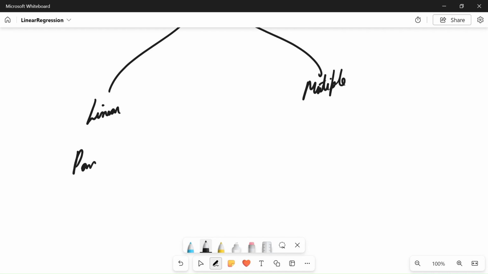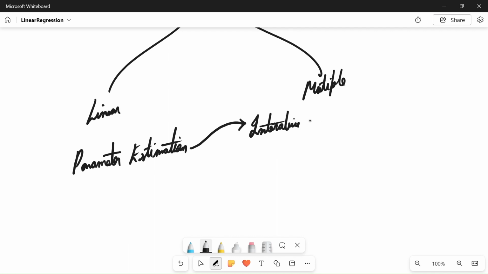So parameter estimation in linear regression and in multiple regression are done in two ways. The first is an iterative process. Iterative processes are done using optimization algorithms.